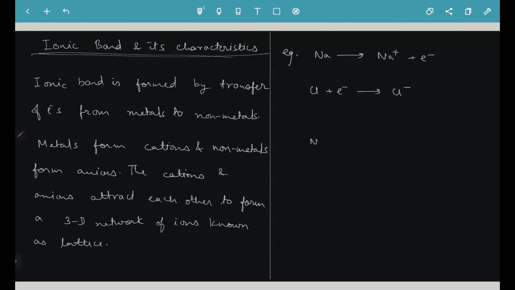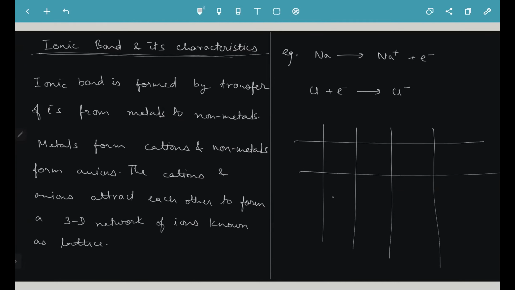So, in an ionic bond we do not have a single molecule. There is a network of cations and anions.